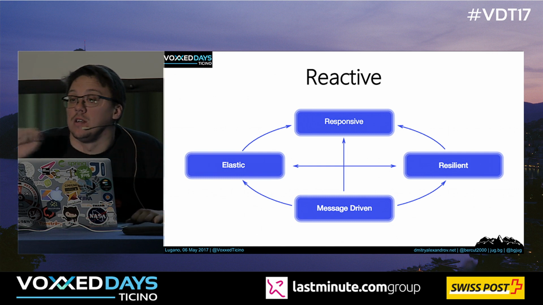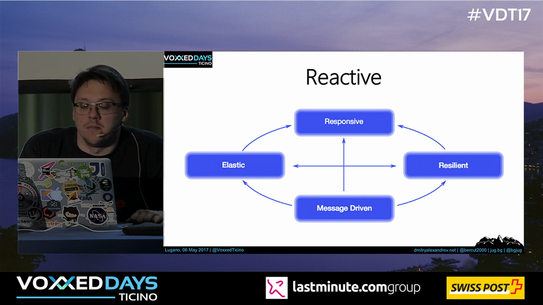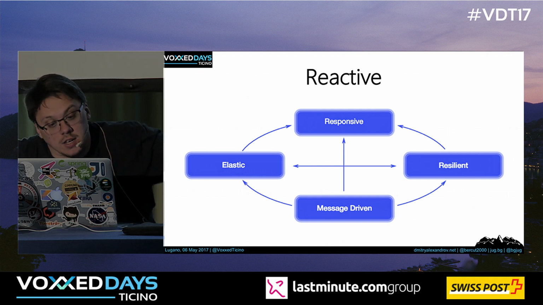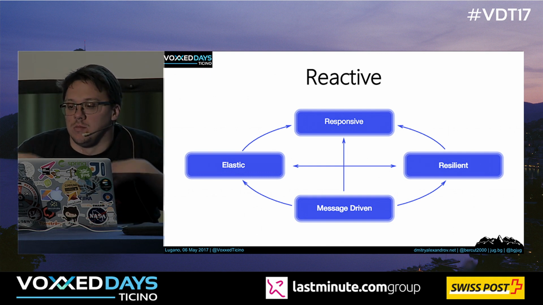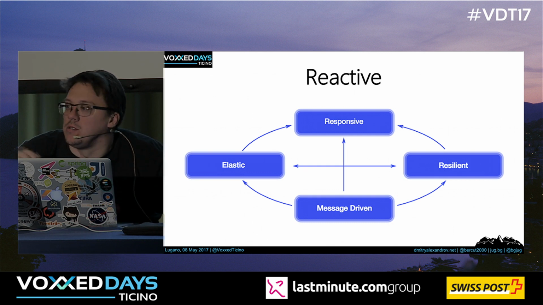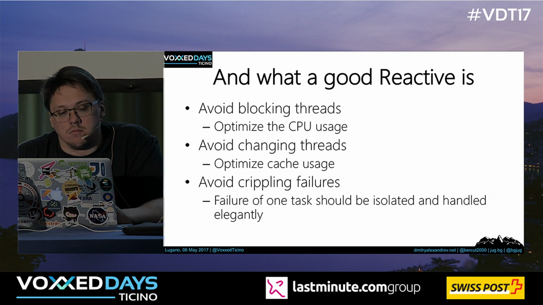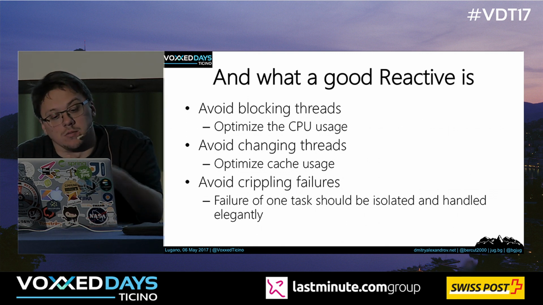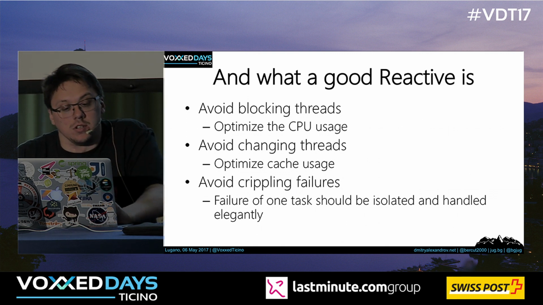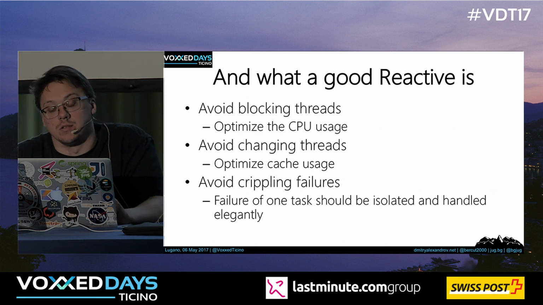You're resilient, you handle your errors or exceptions gracefully. Elastic. Responsive, I mean, you can control the response, you can control the timing of it. So it's quite reactive. And as I told you, this approach really optimizes your CPU usage, your cache failures, and so on and so on.